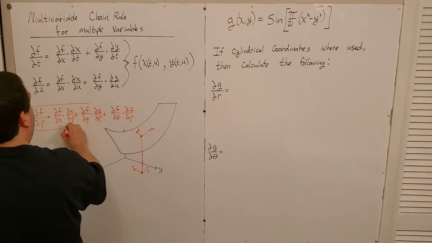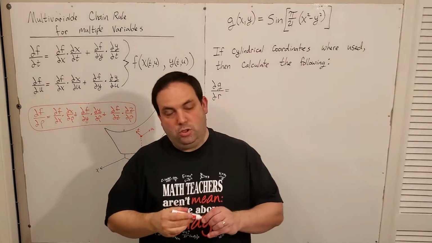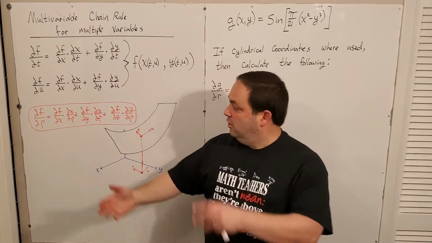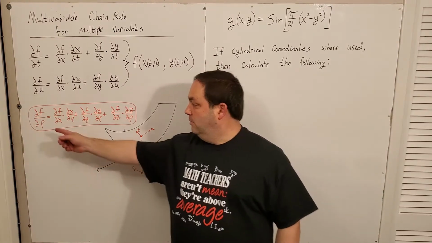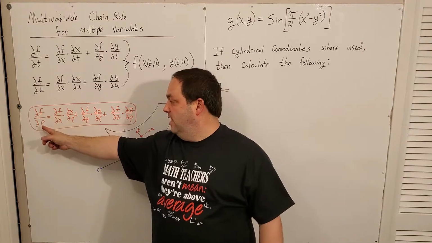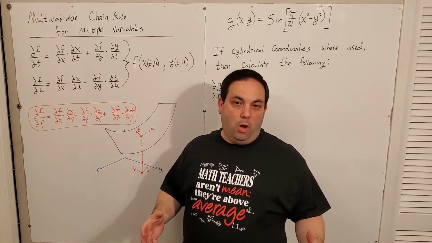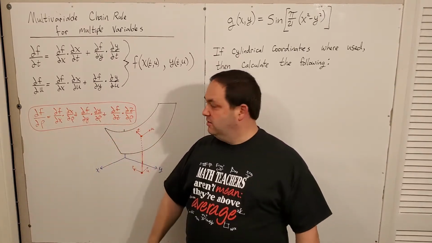This could be one version of using this multivariable chain rule to convert from your rectangular x, y, and z into spherical, and I'm going to do the derivative of how the function changes as I change the value of rho, keeping rho as my variable and then everything else constant.